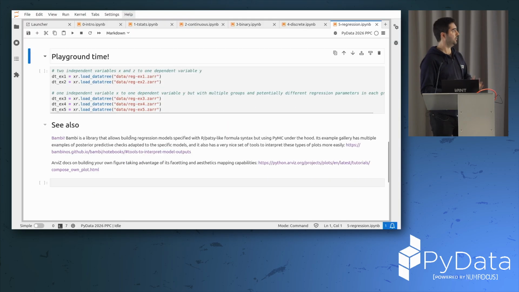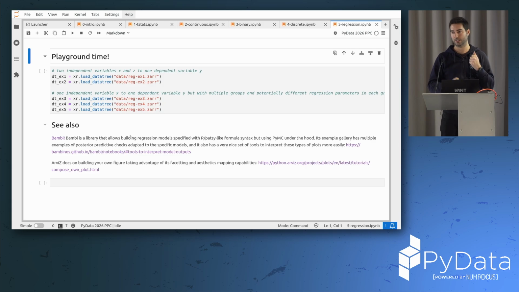And then here, if you work a lot with regression models, you might be interested in checking this Bambi library out, which is a library that allows using R, Patsy-like formula syntax to generate full Bayesian models that you can then fit with PyMC. So you get full posterior predictive, log likelihood, stuff like that.